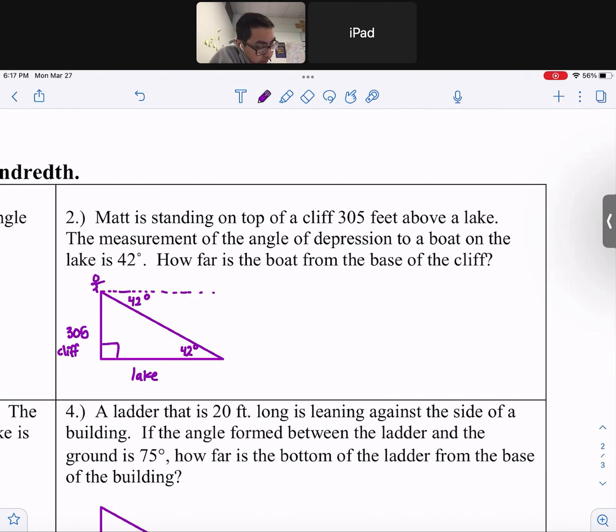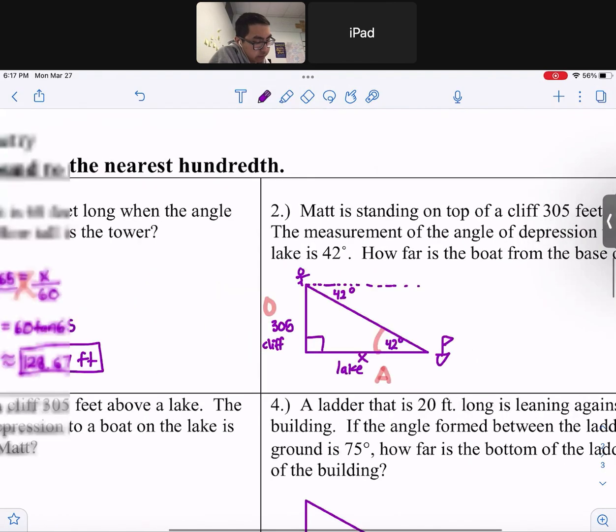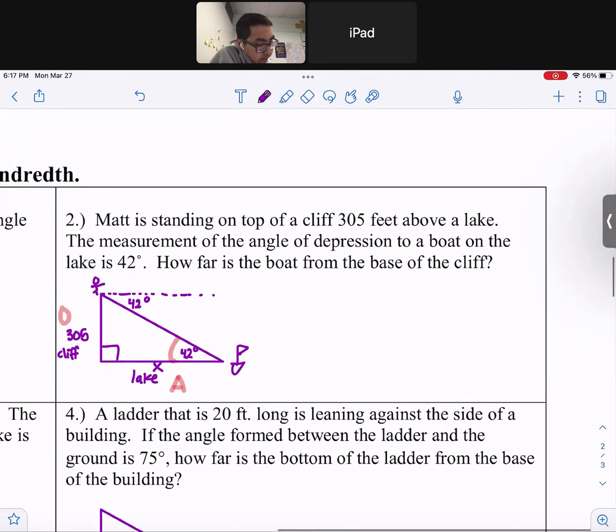How far is the boat from the base of the cliff? Well, here's the boat, everybody, and the base of the cliff is right here. So we're trying to figure out this length. From the perspective of this angle, this is opposite, this is adjacent, so this is going to be using tangent. Tan 42 equals opposite over adjacent.